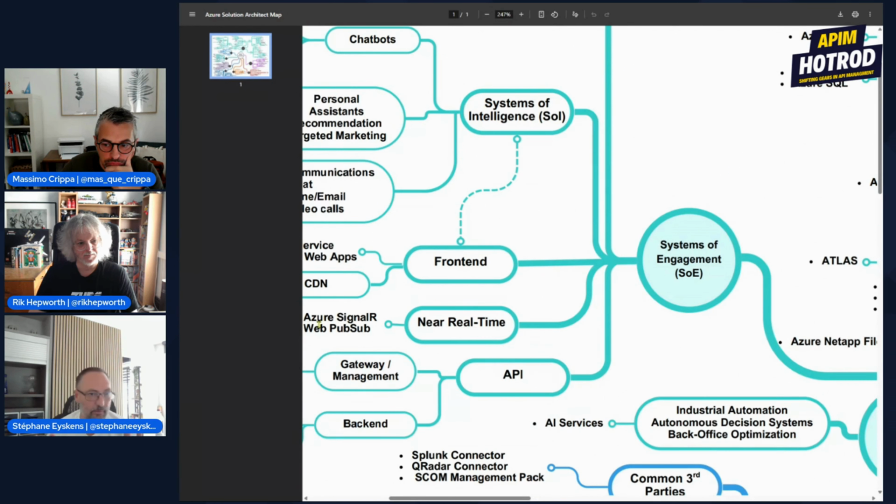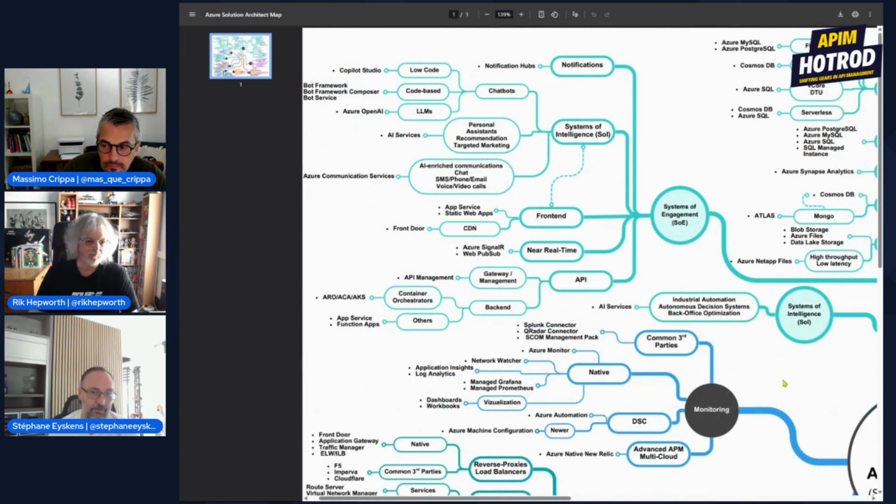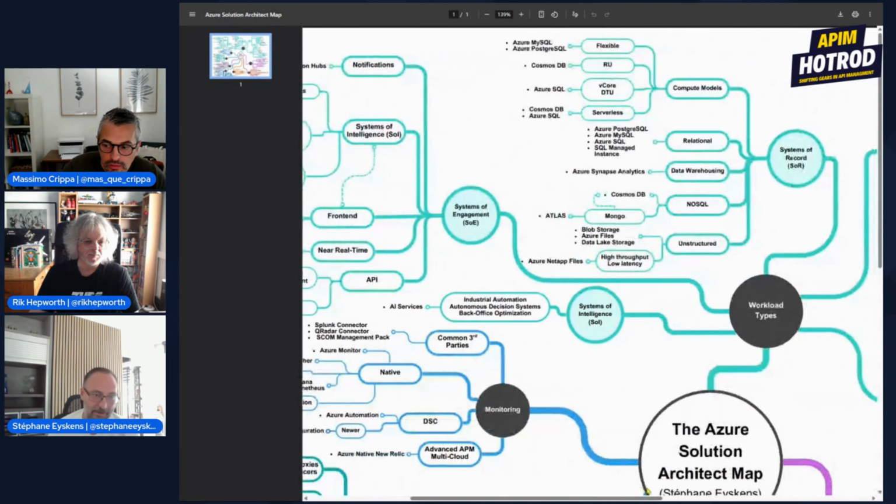That's a bit the idea behind these maps. So we have a node, and the leaf nodes are the Azure services themselves. And that's like a compass a bit to get to something. Of course, you still need to think deeper on your own to really find if that makes sense for your own use case. That's a bit the idea, Massimo.